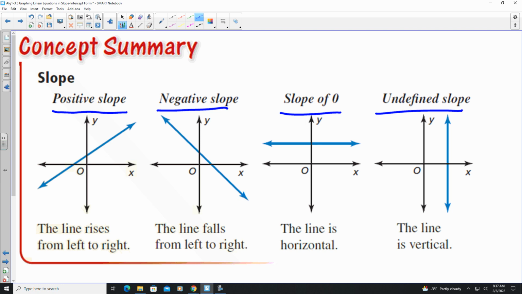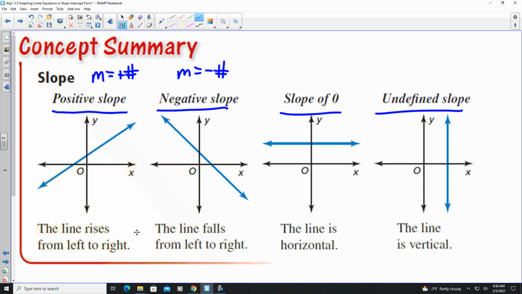Anytime you have a positive slope, that means that your value of m, the ratio, is going to be a positive number. So if it's positive 2/3, it's a positive slope. If the slope is 3, it's a positive slope. A negative slope means that m is going to be a negative number. So like -1/2, -5, all of those things are going to be an indicator that your slope is a negative slope.